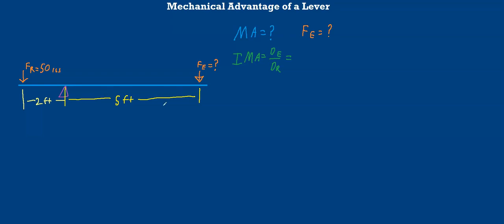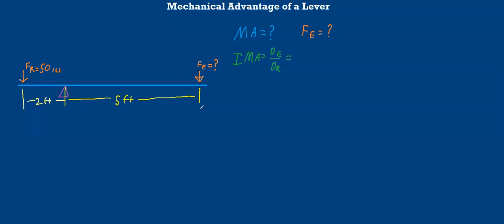Because if you look, this 5 feet and this 2 feet is not the distance traveled by our forces. That is the distance from our forces to the fulcrum, which is not exactly the same thing. If you look at this effort force applied to this lever, the distance it would travel is actually in a circle around this fulcrum or this pin on our lever here.